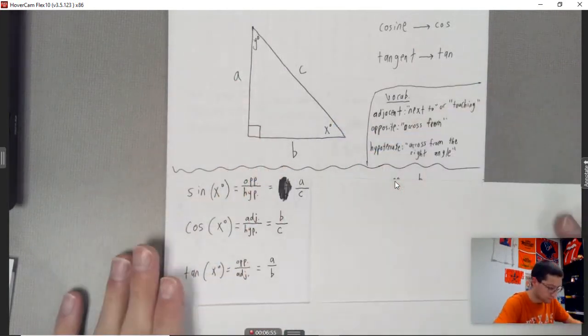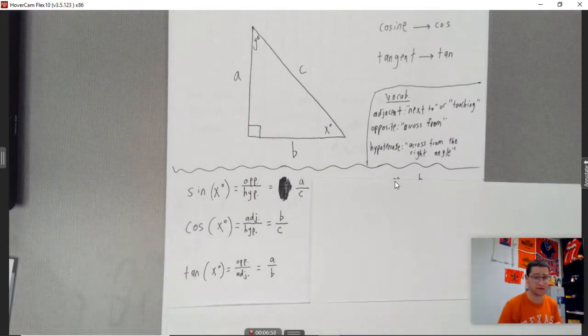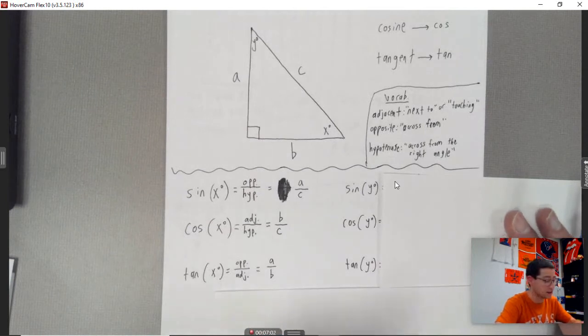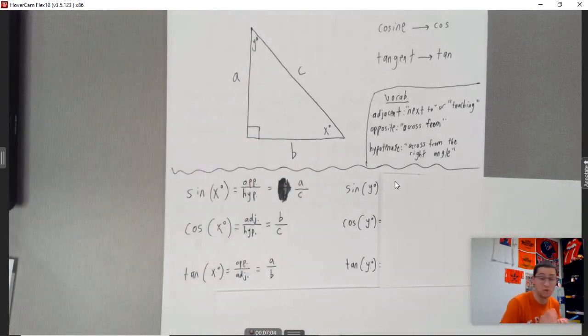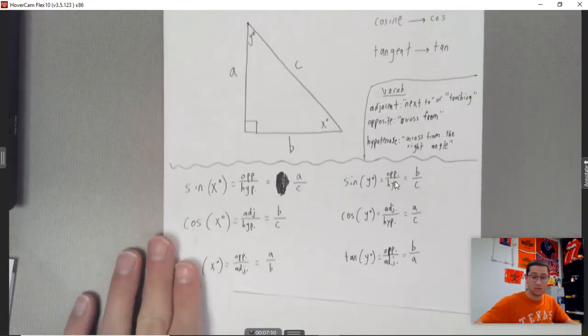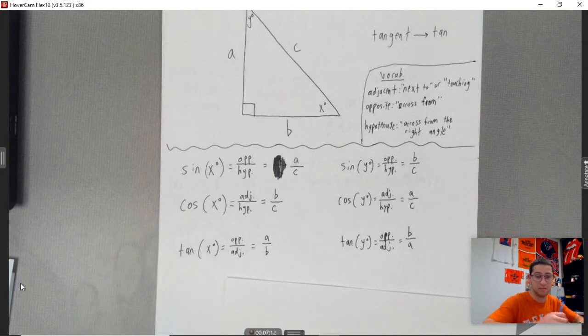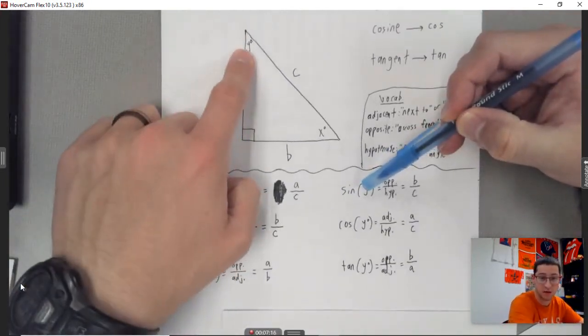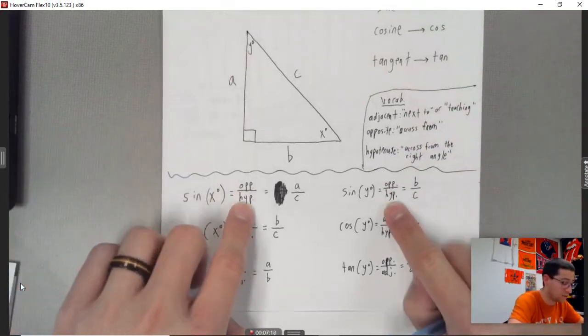Cool. Now, very similar process, but this time we're going to compare it to y. It doesn't matter which angle you compare it to. We can write trig ratios for each one if we know those sides. So let's go through each one. I'm not going to hide it from you this time. Sine of y, comparing it to y this time. Notice it's still my opposite over the hypotenuse.